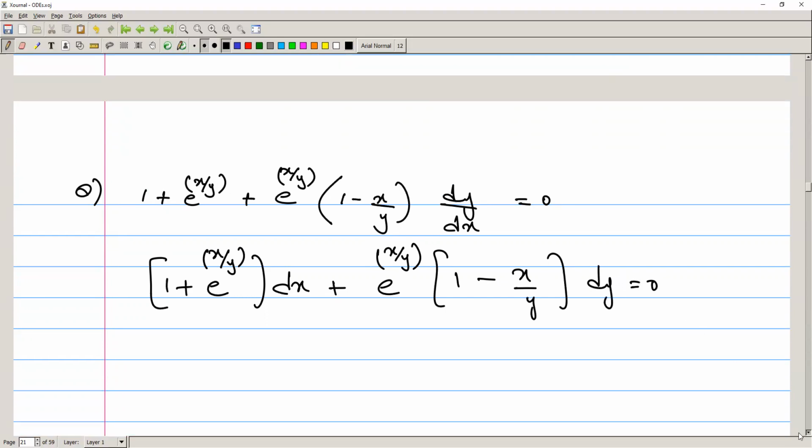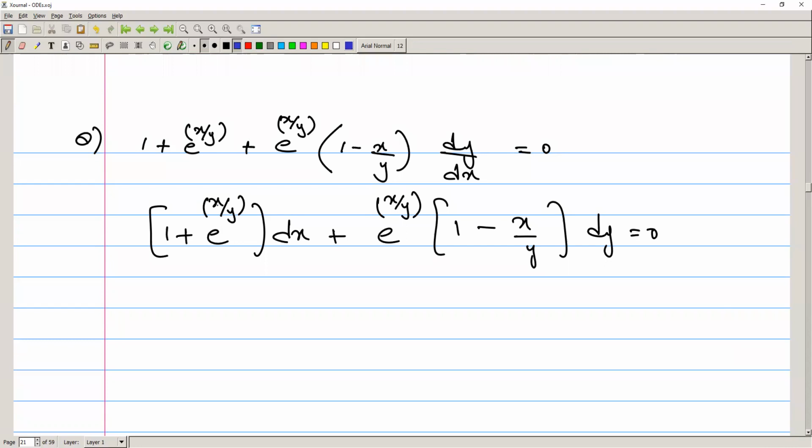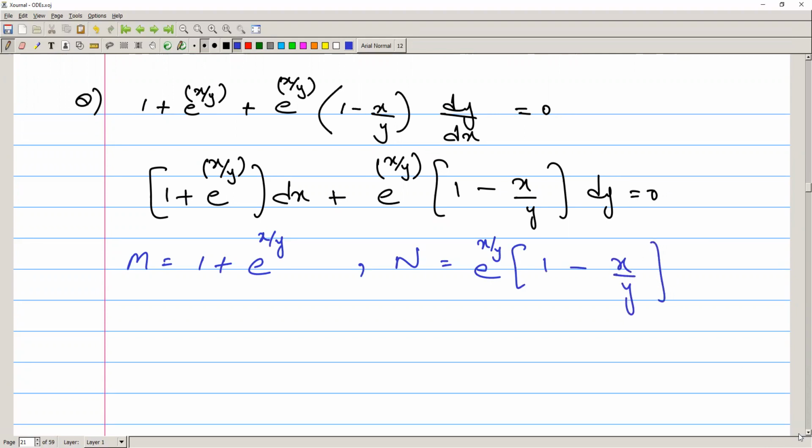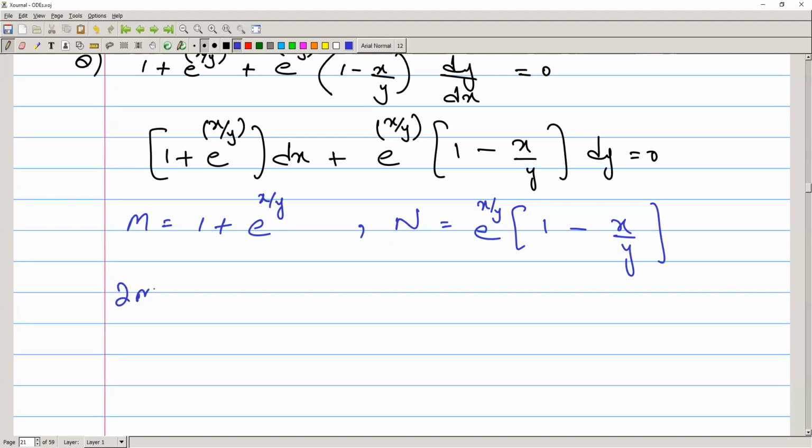So identify M and N. So here M is 1 plus e to the power x over y, and N is equals to e to the power x over y times 1 minus x over y. Right, so find our M over our y.